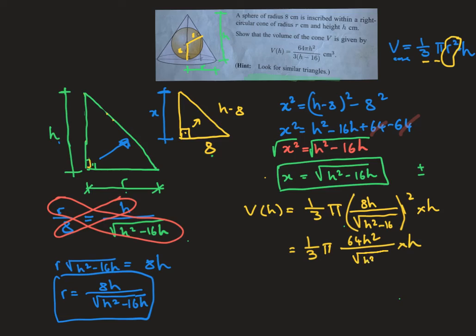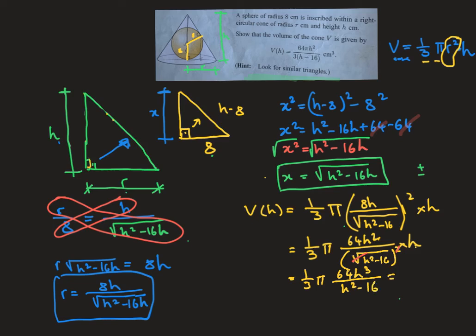So h to the power of 2 take away 16h, all to the power of 2. But now we can cancel out the 2 and the square root. So, and what color? Yellow. One more step. Most likely 2 more steps. Just tidy up a little bit. So 8h to the power of 2 is 64h to the power of 2, times h is h to the power of 3, over h to the power of 2 take away 16h.